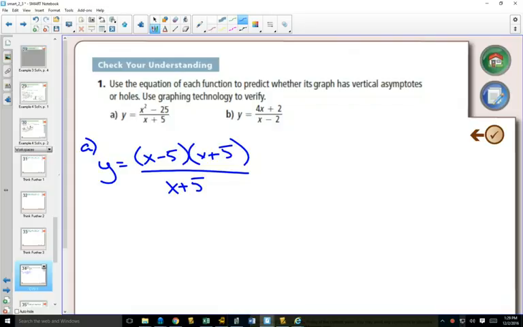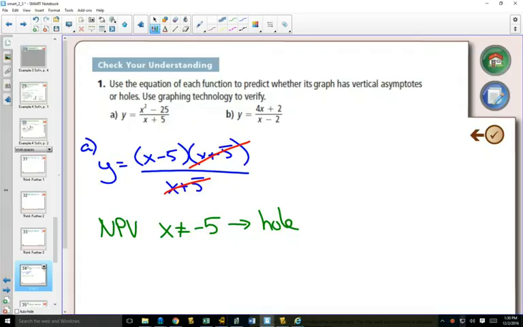Our non-permissible value, x can't equal -5. And this one is asymptote or hole? This will be a hole. It's a hole, a point of discontinuity, because those x plus 5's cancel out.